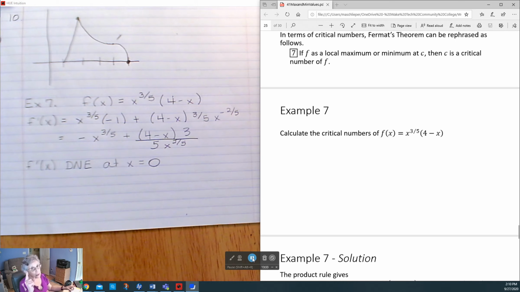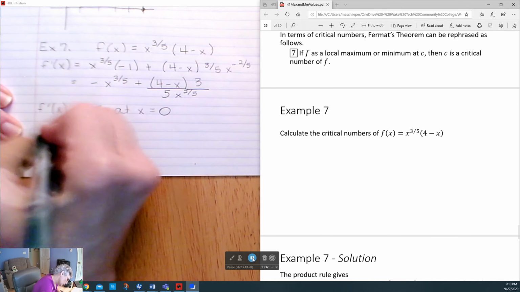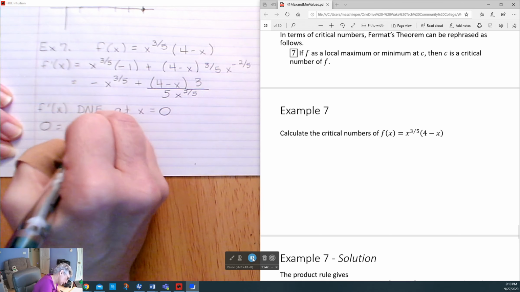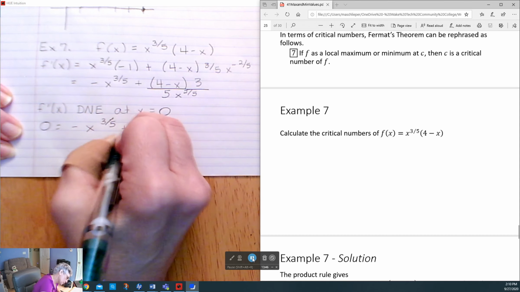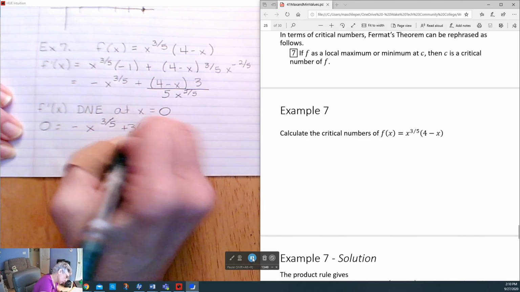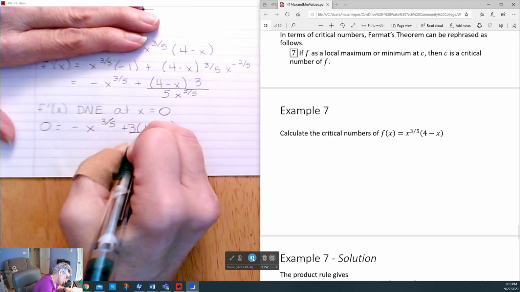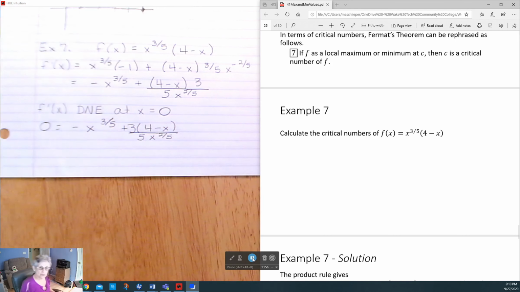So that's one place we would look for a max or min. Then we set it equal to 0. So 0 is equal to negative x to the 3/5 plus, I'm going to put the 3 in front, 3 times 4 minus x over 5x to the 2/5.